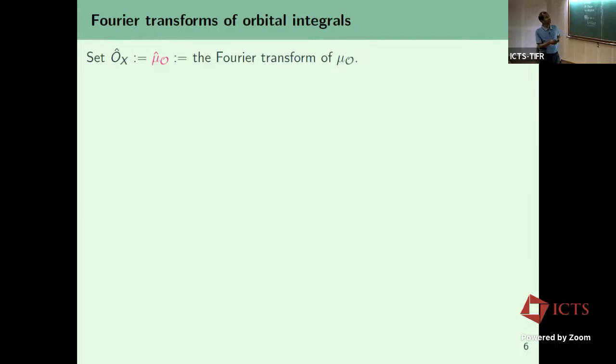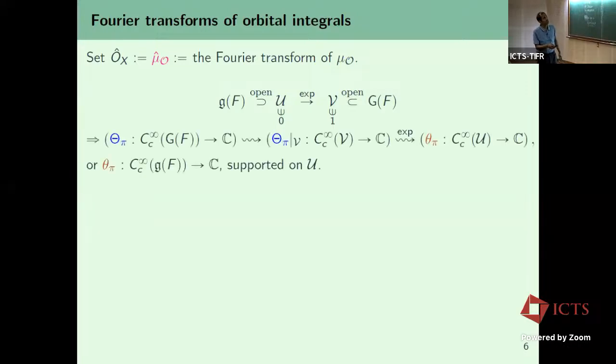So again, remember what was our goal? Our goal was to study characters by using the exponential map to bring it down to a neighborhood of 0 in the Lie algebra. So the statement is that if you start with the character, you restrict it to an open neighborhood of 1 in the group, and then bring it down to an open neighborhood of 0 in the Lie algebra.